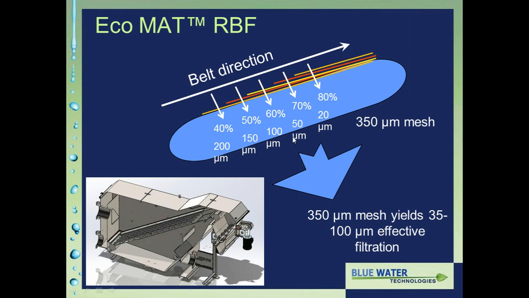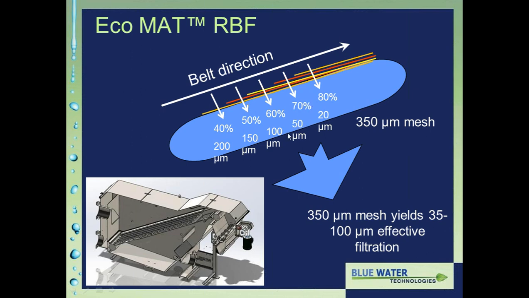So think of this as your continuous loop mesh. As the clean mesh comes around the bottom of that tail roll here and is first exposed to the dirty water, you get screening basically to the particle size of the mesh. And you quickly will blind, well, not completely blind, but you'll quickly build up a porous filter mat that will give you a much lower effective mean pore size through that mesh and through that porous filter mat that builds up.